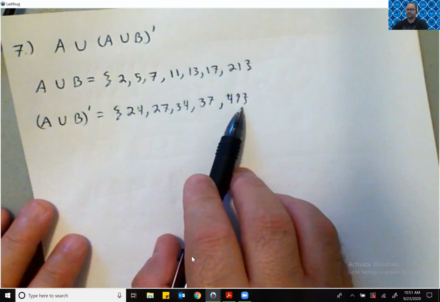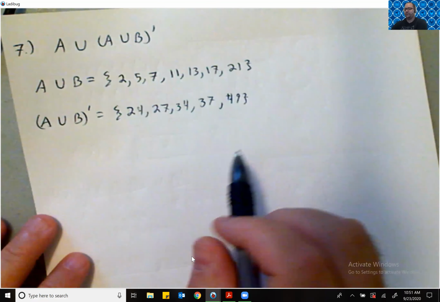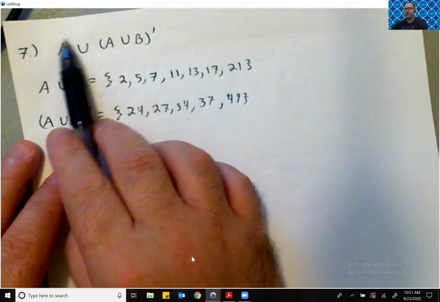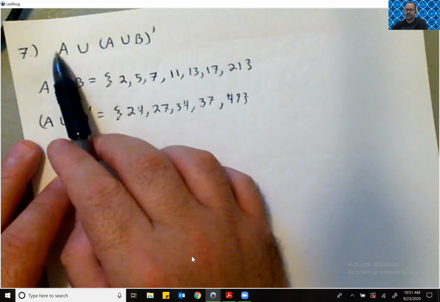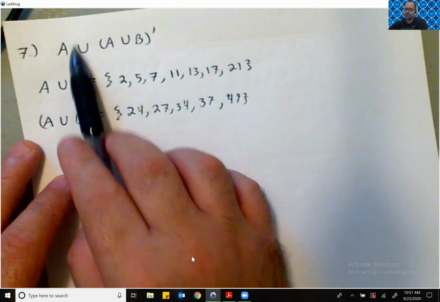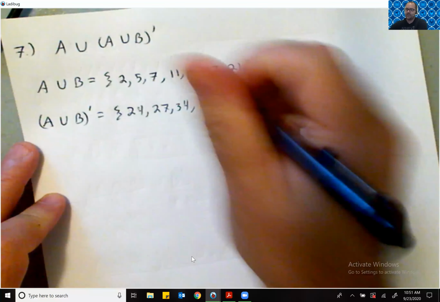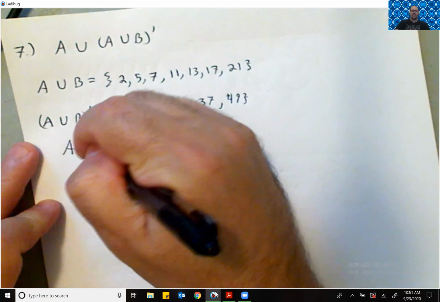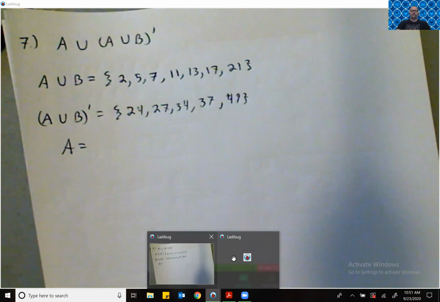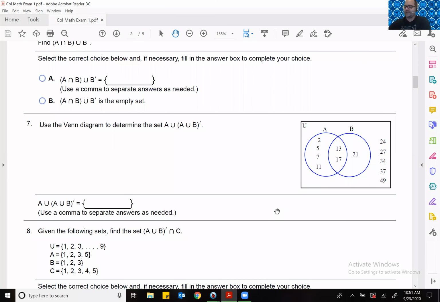Okay. Now, right here, we need to know what set A is before we can take care of the next union. So we've taken care of the complement, but we do need to know what set A is. So if we go back real quick and look, who all is in set A? 2, 5, 7, 11. Is that it?